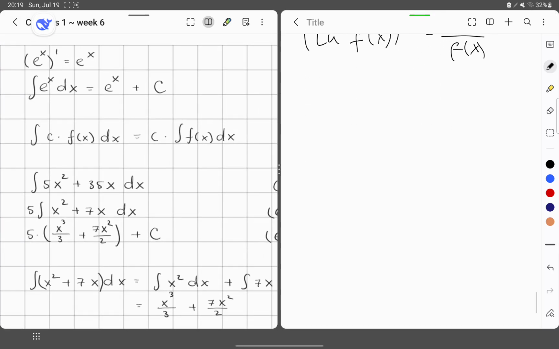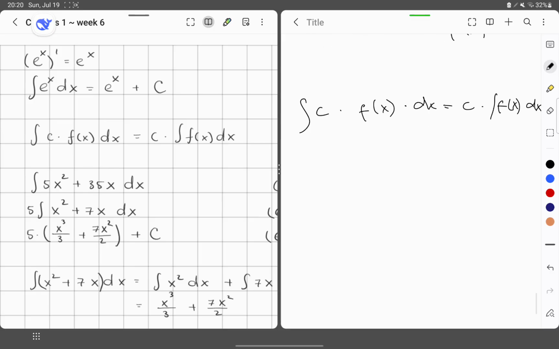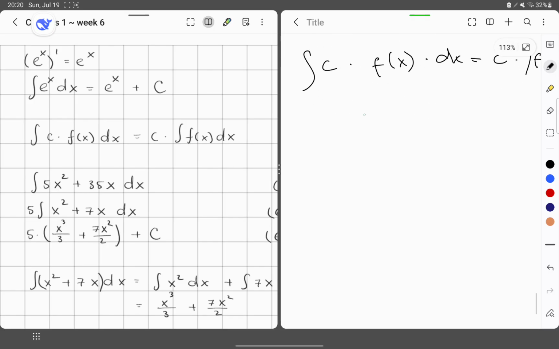So if we have a constant, like the integral of c times f of x dx, we can write this constant outside, c times the integral of f of x dx. Okay, for example, the integral of 5x squared plus 35x dx.